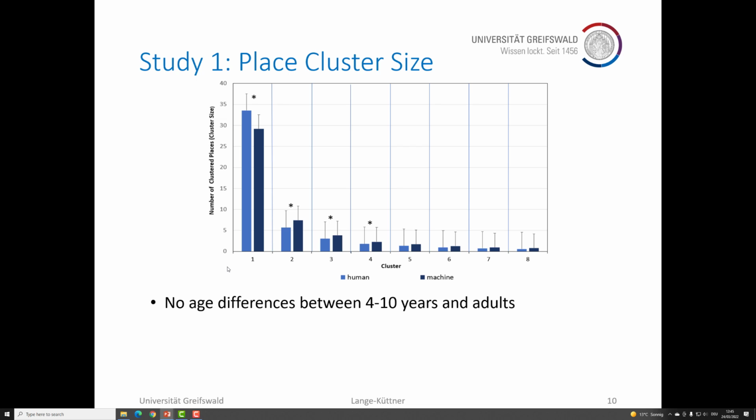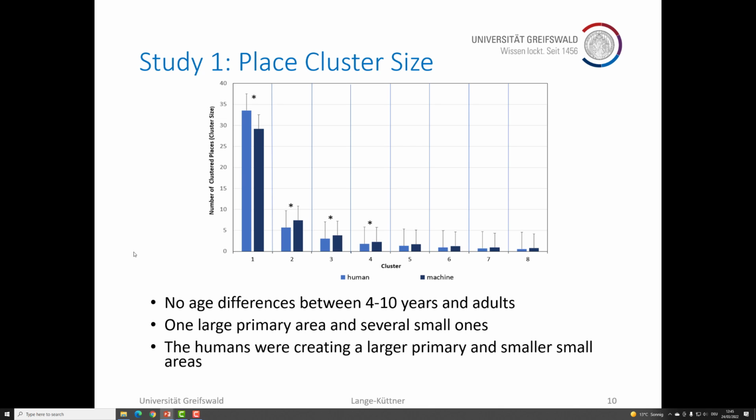There were no differences between the children and the adults. What we find is that here the humans are the light blue and the machine is the dark blue. And we see that the human players were creating the larger primary area, but they were creating small areas.